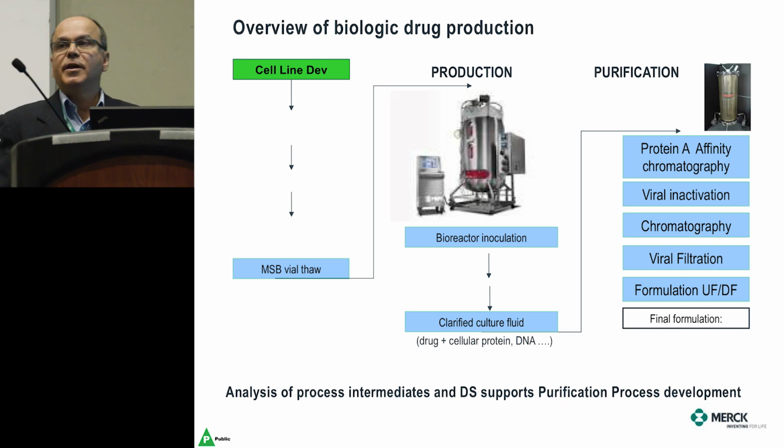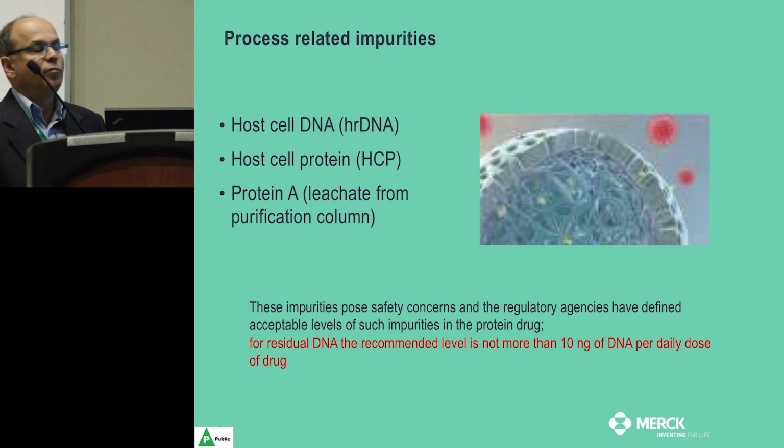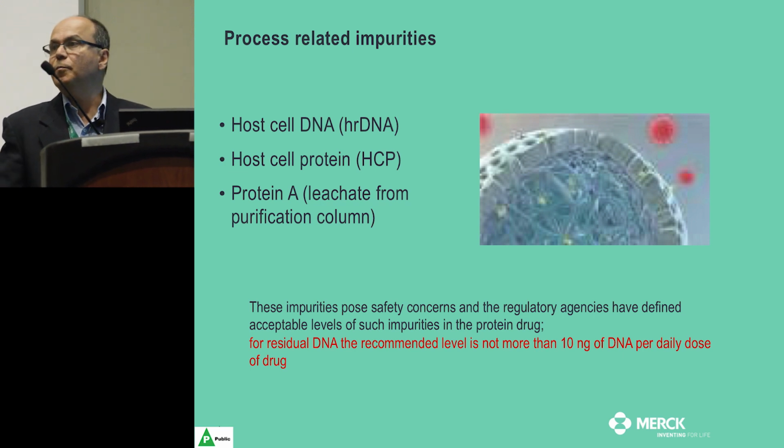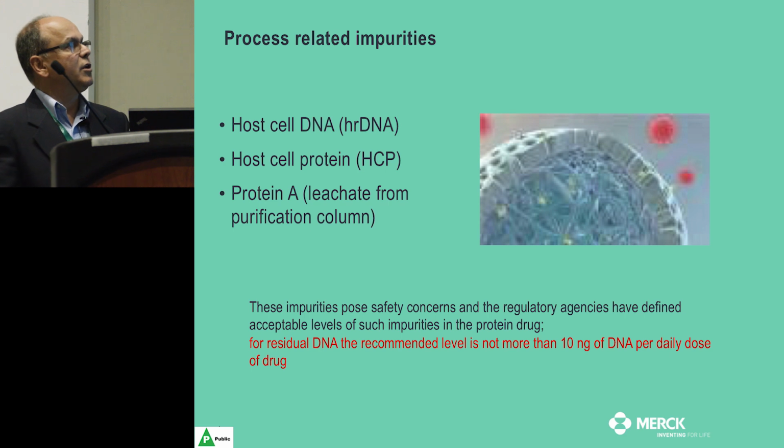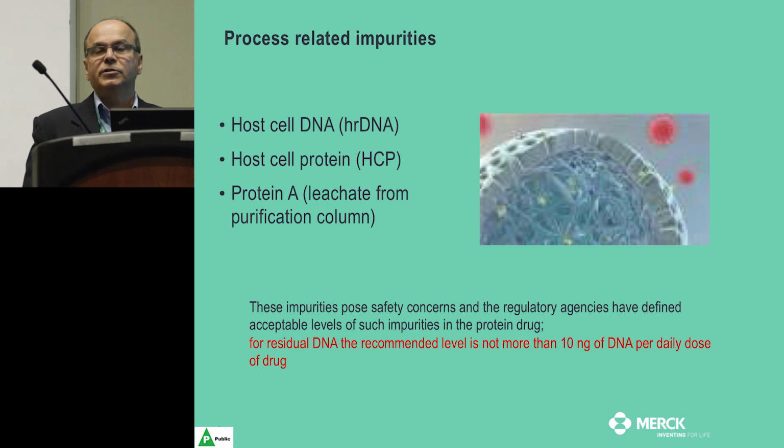Now, process-related impurities come mostly from the host cell, like the host cell protein, host cell DNA, and also from the column, the purification process.